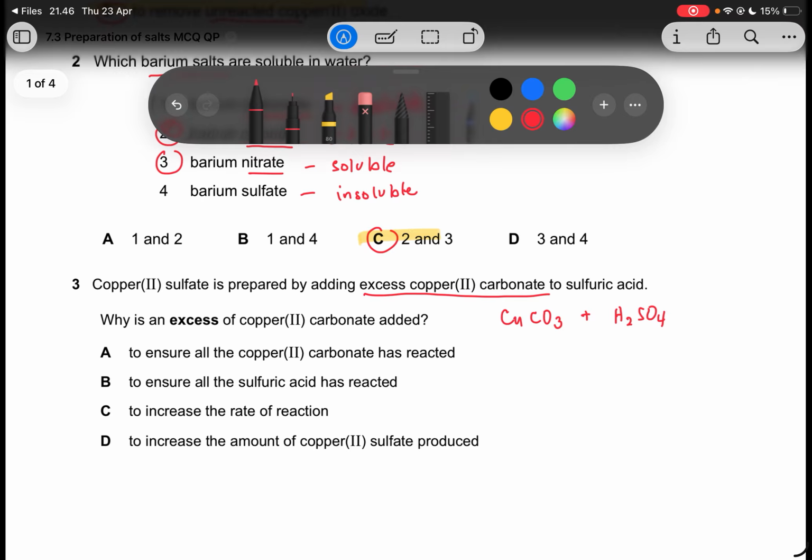It will turn into salt, and our salt is copper sulfate plus CO2 and H2O. In this case, we are asking why we need excess copper carbonate. As I mentioned earlier, we want to ensure that all of our sulfuric acid has reacted.